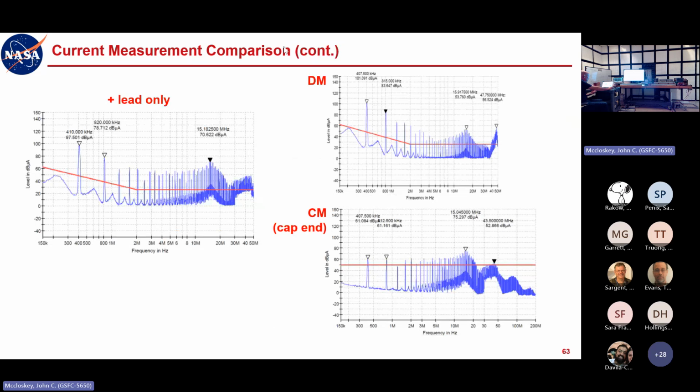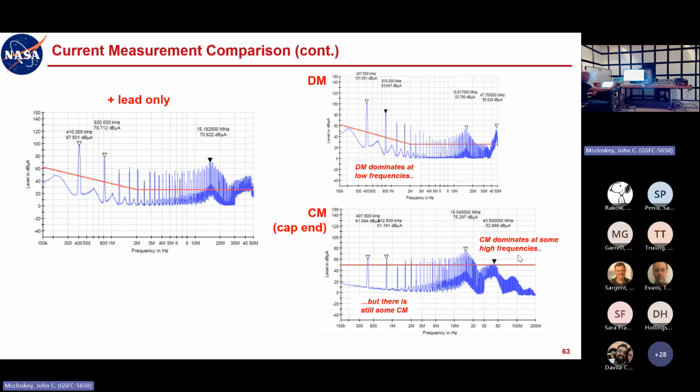So looking at comparisons of what we measured on the positive lead only, and then what we measured for differential mode and common mode, we see that for this particular example with this noisy power converter, the differential mode dominates at the low frequencies, but there's still a non-trivial amount of common mode.